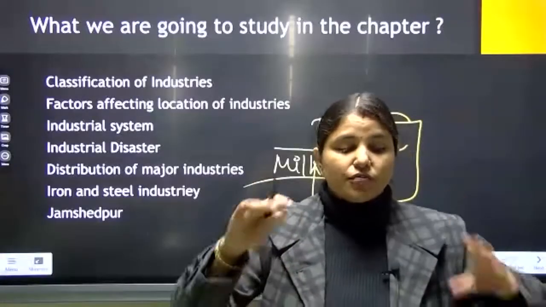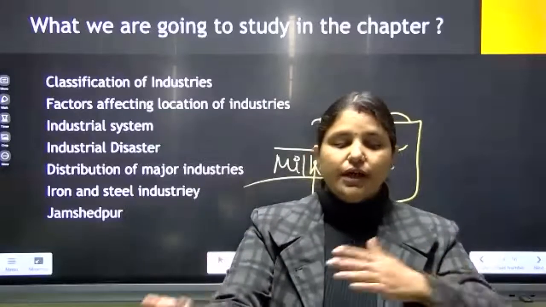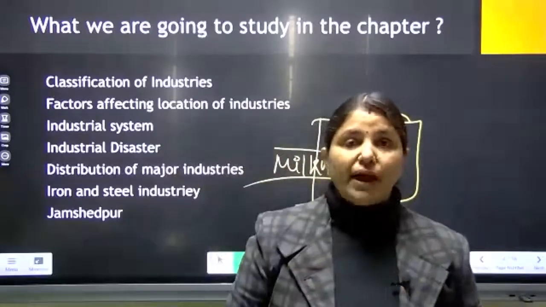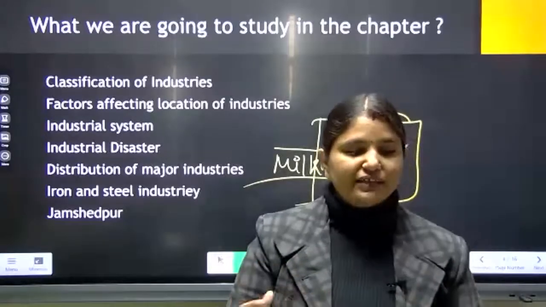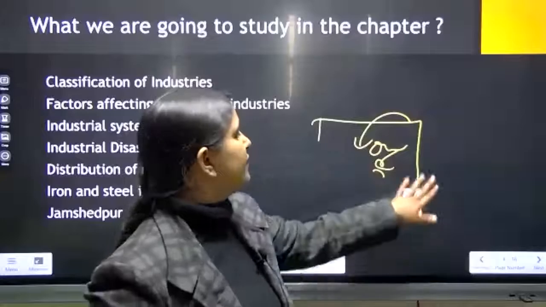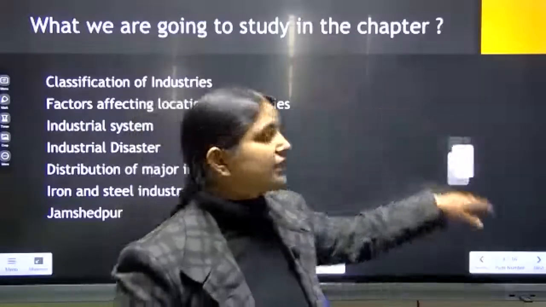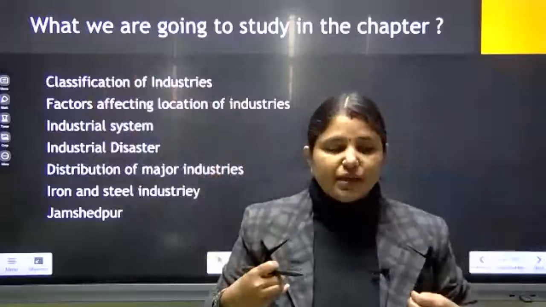Cooperative means where two or more persons who also work there participate as part owners when making the industry. That is known as a cooperative industry. Suppose I am the owner and I have my business, and you provide me milk every day.